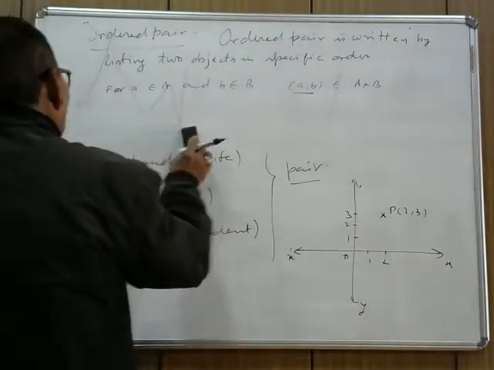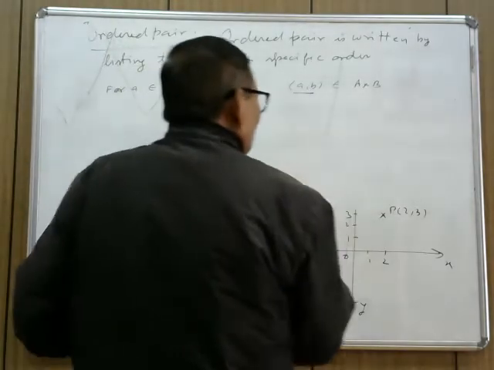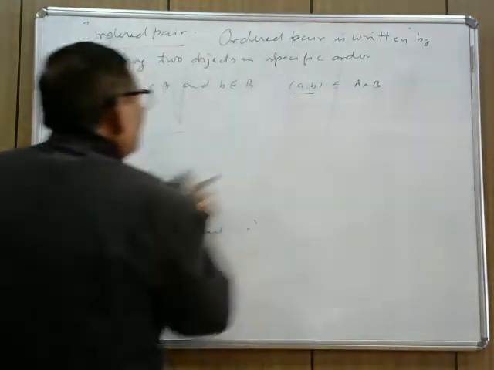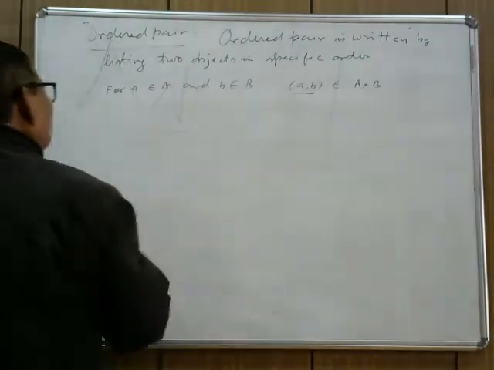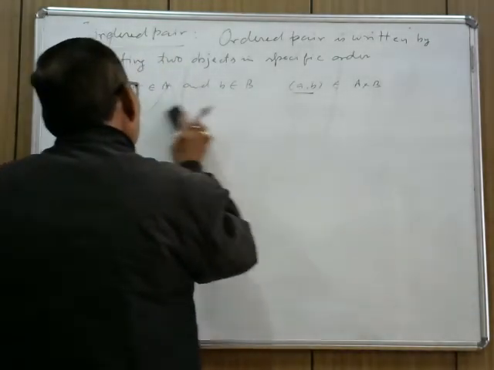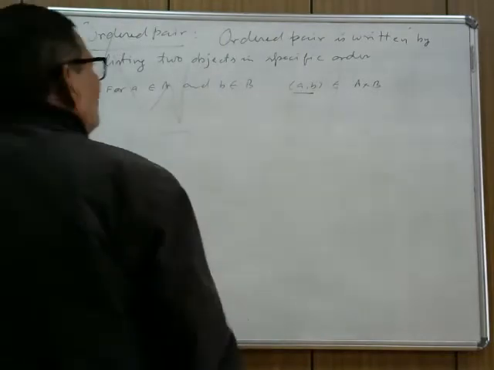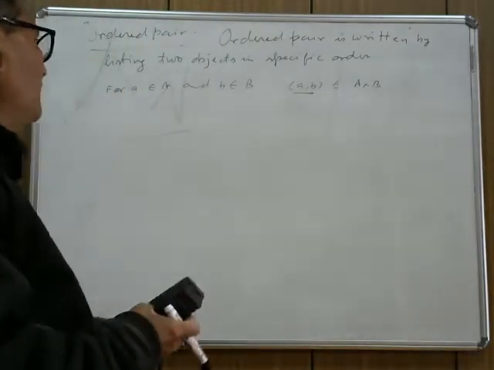So now how can we define A cross B? I have given you the pair and then the ordered pair. In an ordered pair we write two objects in a specific order.